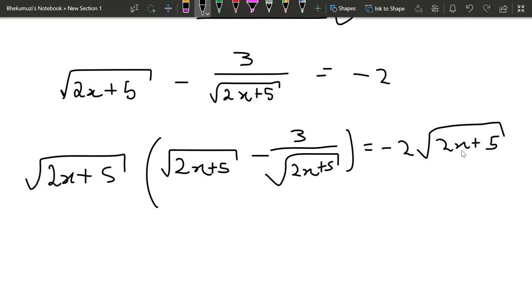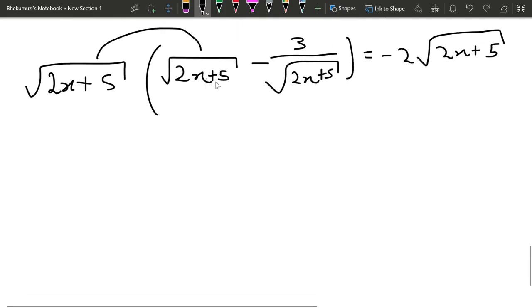Because when we multiply, this would just give us -2 square root 2x plus 5. And the square root of 2x plus 5 multiplied by the square root of 2x plus 5 would just give us the same thing inside, which would be 2x plus 5. Basically, the square root would be cancelled out, right?